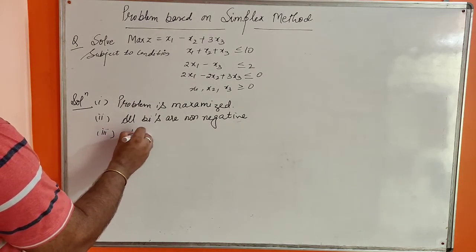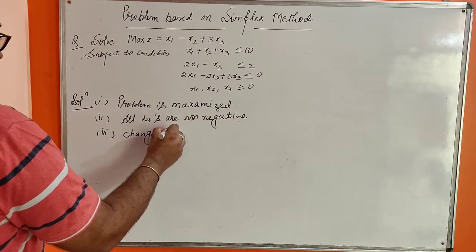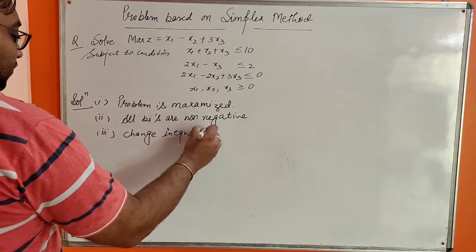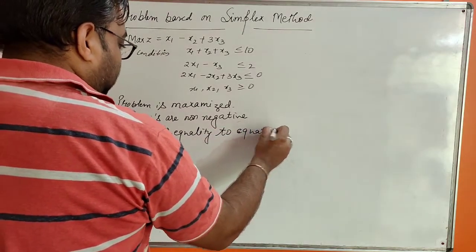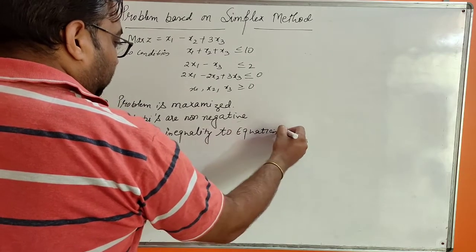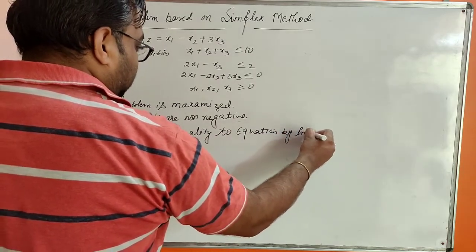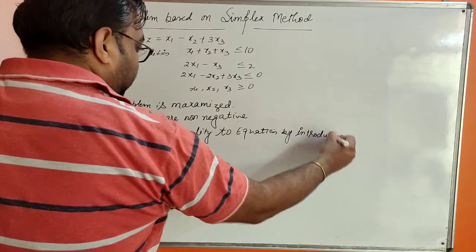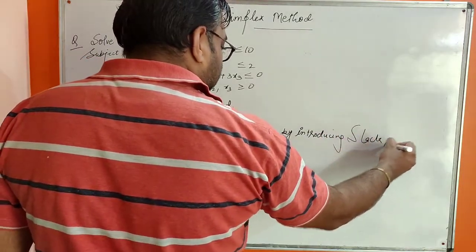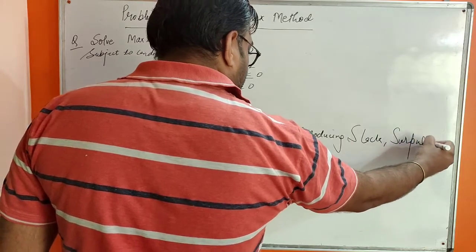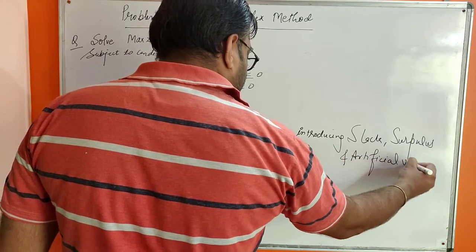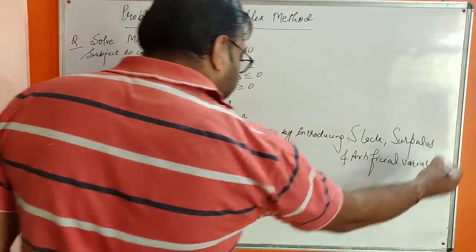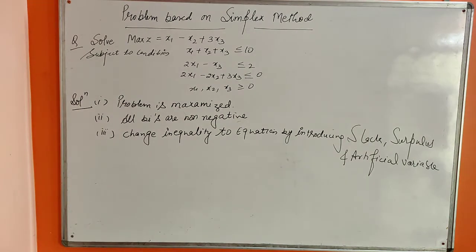Number three, change the inequality to an equation by introducing slack, surplus and artificial variables. When there is less than or equal to, we can add a slack variable.